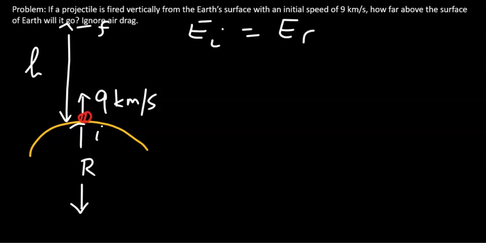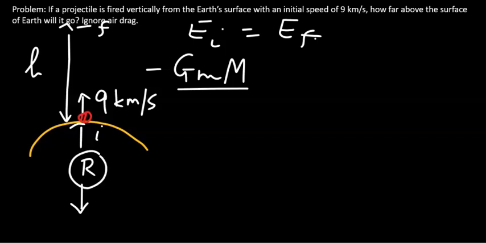So E_i equals E_f. The total mechanical energy on the surface of the Earth consists of two terms. One is the gravitational potential energy, which is given by minus G, the product of the two masses, in this case the mass of the projectile and the mass of the Earth, divided by the separation distance between them while the object is at the surface of the Earth, and that is just the radius of the Earth.